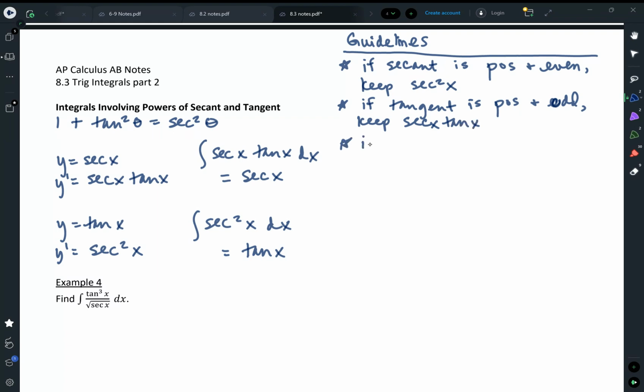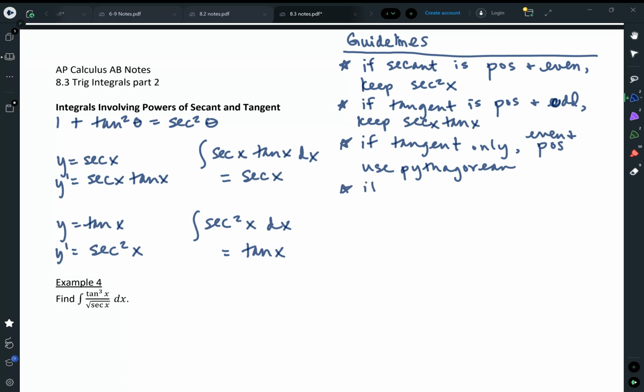If only tangent, and this is when it's even and positive, see, it's a lot to keep track of, we are going to use Pythagorean, so basically just changing it all to secant. Let's see, what else?